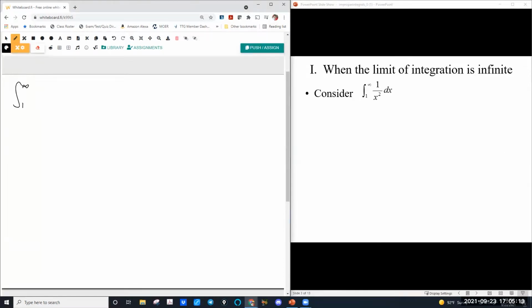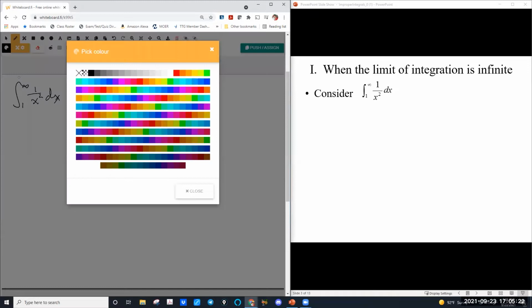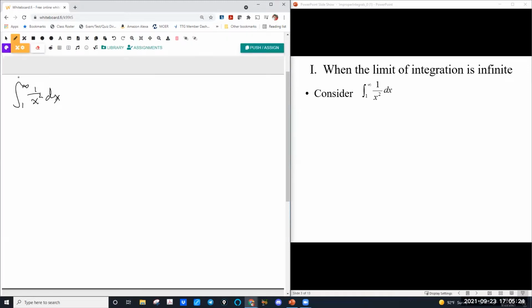Take the integral from 1 to infinity of 1 over x squared dx. We have a process by which we do this. The first thing we do with an improper integral is make it into a proper integral. So instead of 1 to infinity, we're going to go 1 to b of 1 over x squared.